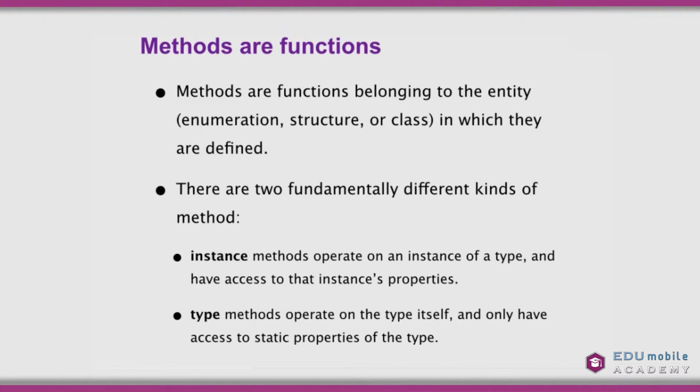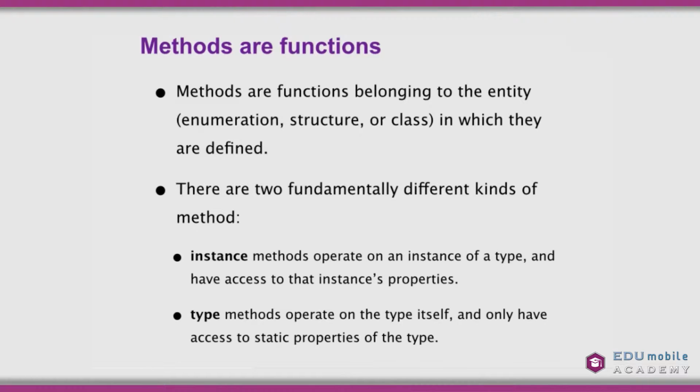So here we go. Methods are functions, though they're special functions. They're functions that belong to an entity, an enumeration or a structure or the class in which they are defined. Fundamentally, there are two different kinds of methods.